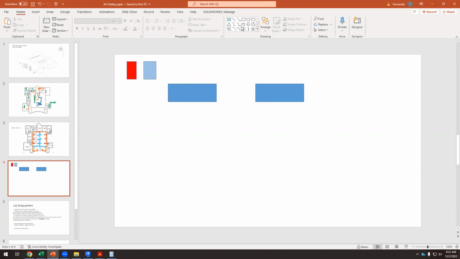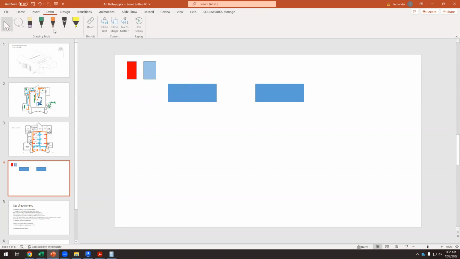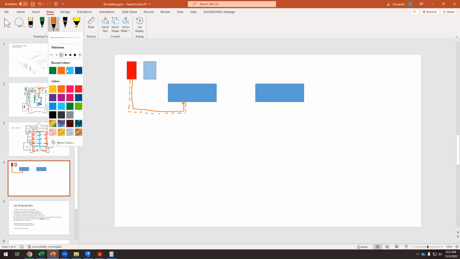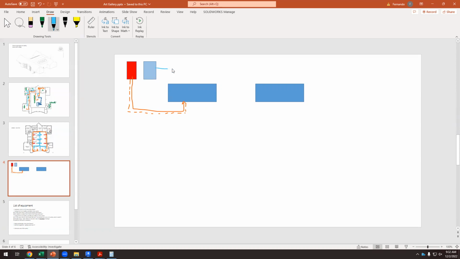Okay. So I have a boiler and the chiller connected to the heating coil here. Supply and return. I have a chiller connected to that air handling unit. Supply and return.